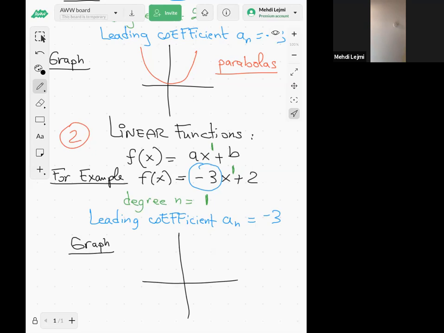If you have a linear function, ax plus b, then the graph should be just a straight line. So the graph of linear functions is just straight lines.